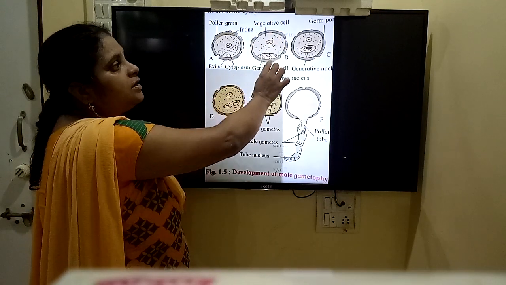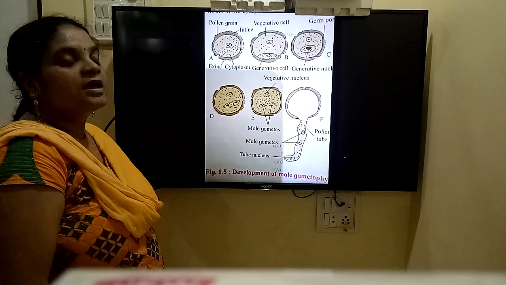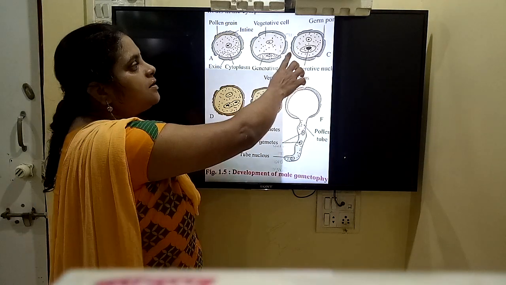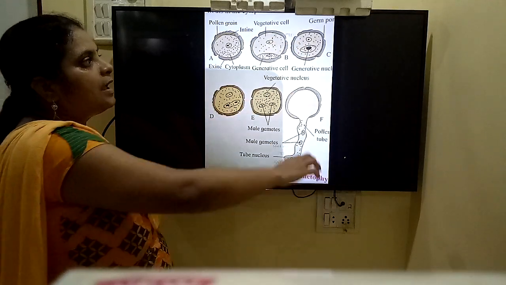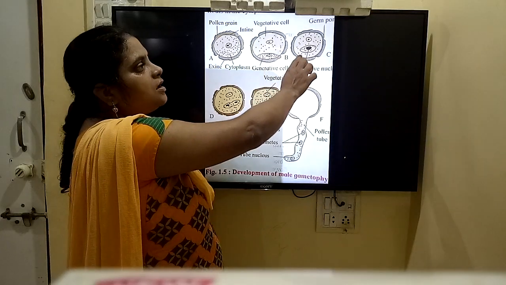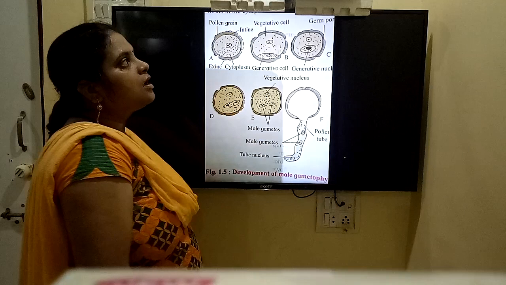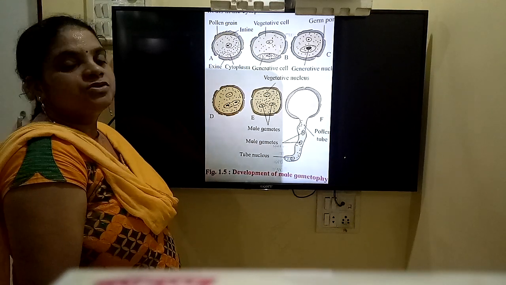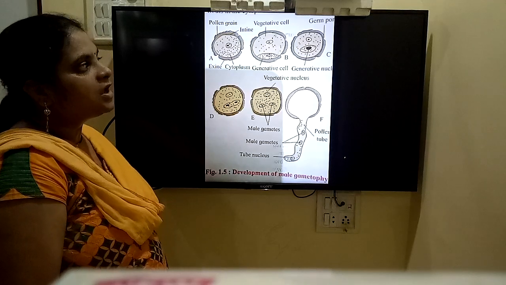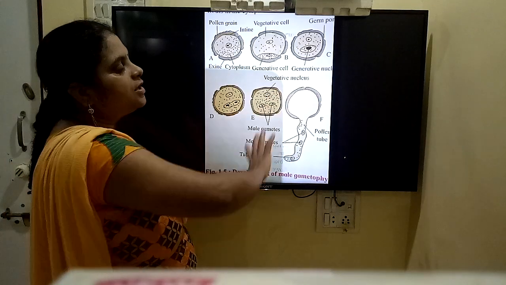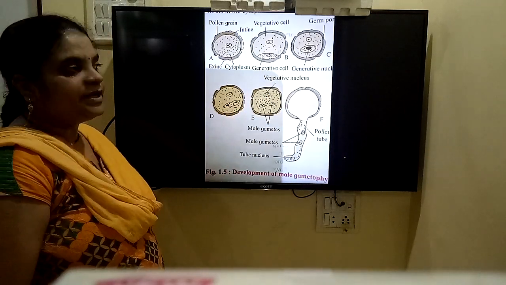The vegetative cell is the bigger one, and the other, smaller one is the generative cell. The generative cell gets detached from the intine and floats in the vegetative cell's cytoplasm. Likewise, the first mitotic division is completed.